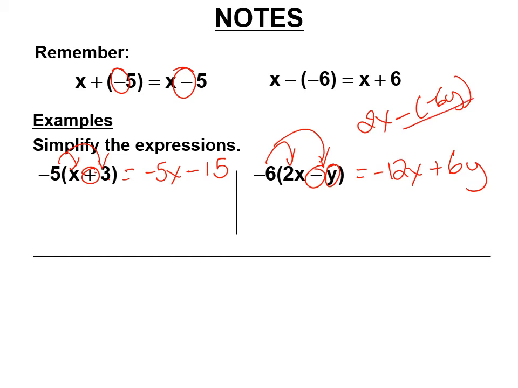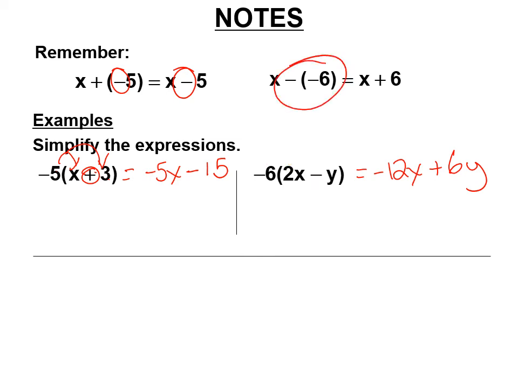Well, minus negative 6y is the same as positive 6y. This screen is just really trying to make sure you understand why all these things work out. Minus negative 6 will always be the same as plus 6, so you can do negative 6 times negative y and get positive 6y.